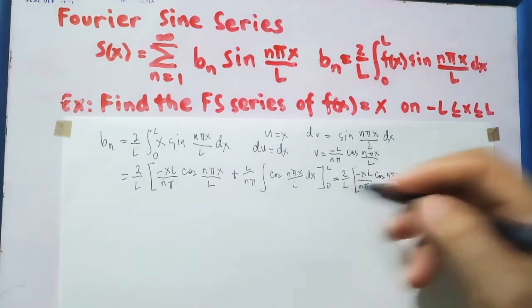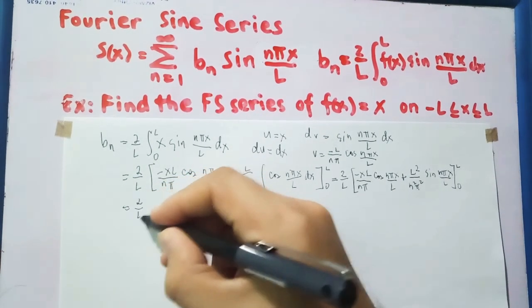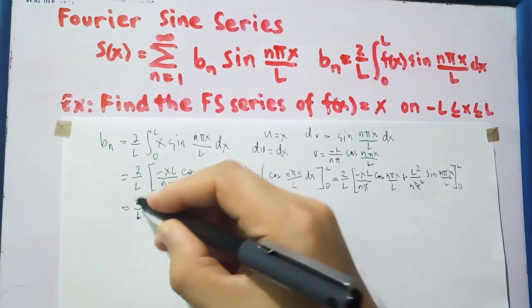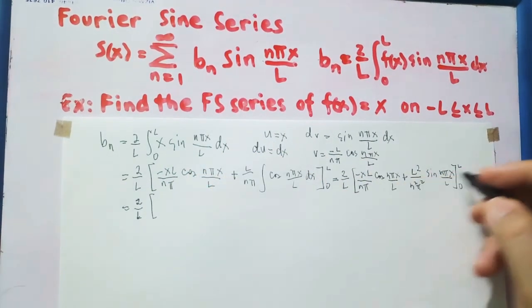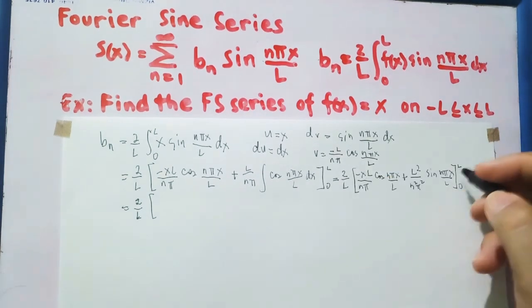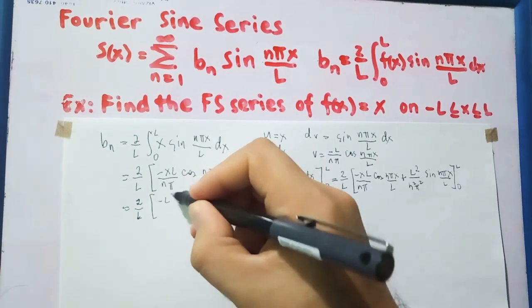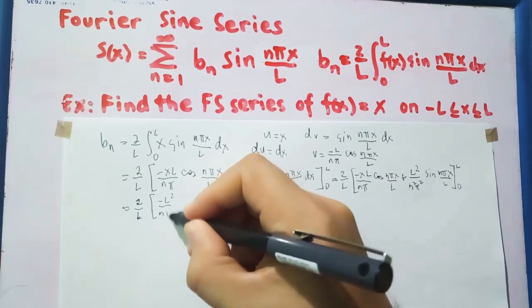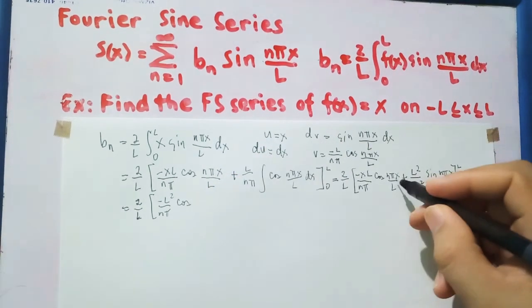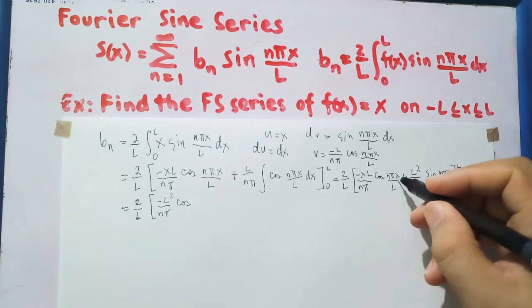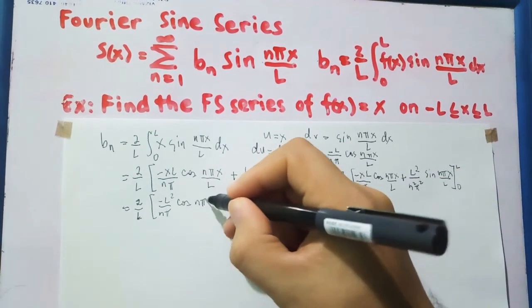So 2 over L, and then for the upper limit, substituting the value of x as L, that is negative L squared over n pi cosine. What remains here is n pi, because substituting the value of x as L cancels L, so cosine of n pi.